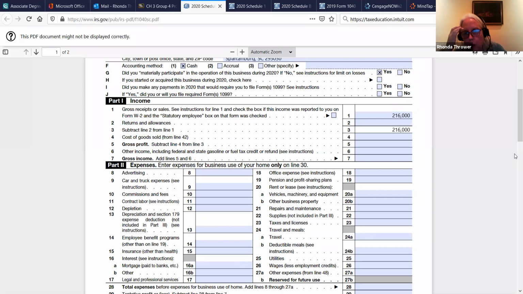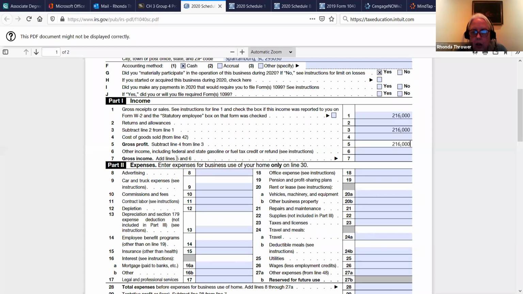This is a service type of business, and they didn't have any cost of services according to this. So if there's no cost of goods sold here, the gross profit is going to be the same as the revenue. And so you just bring this down. Does that make sense? All right.